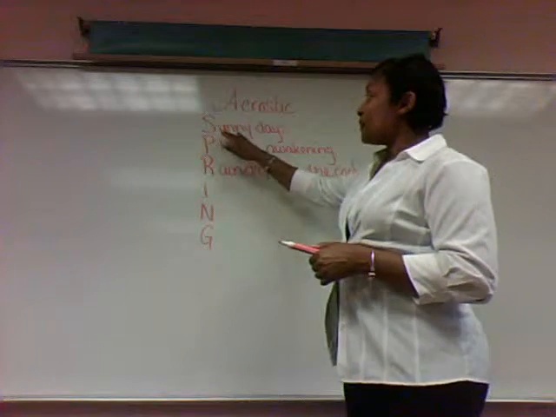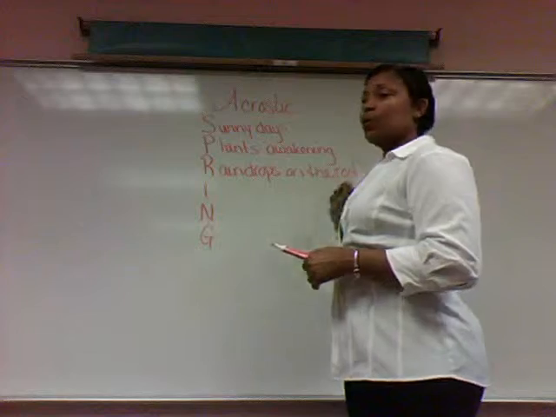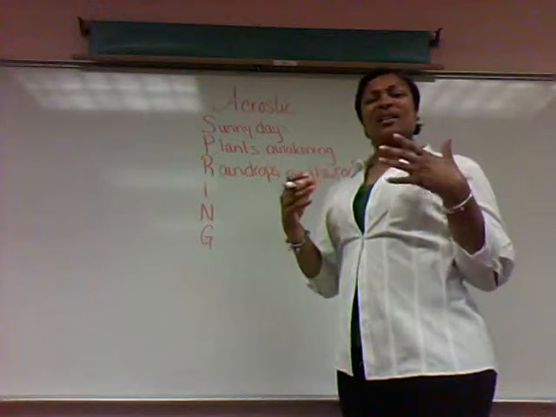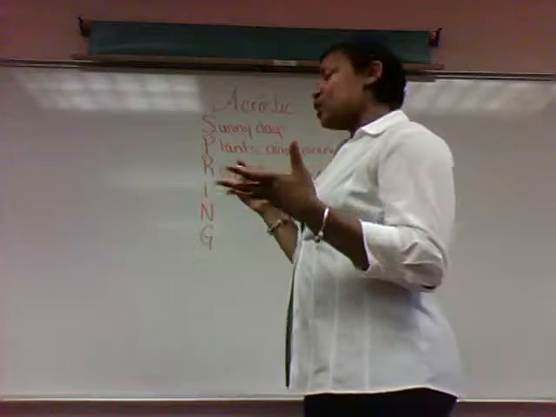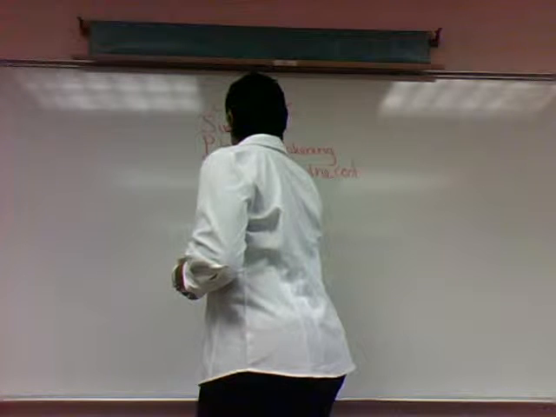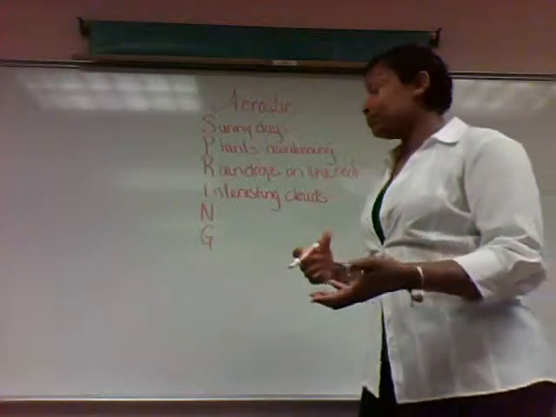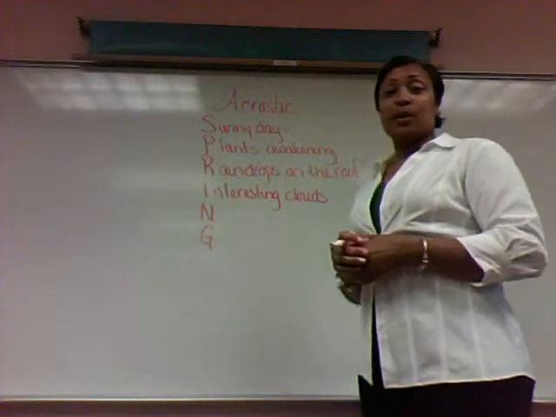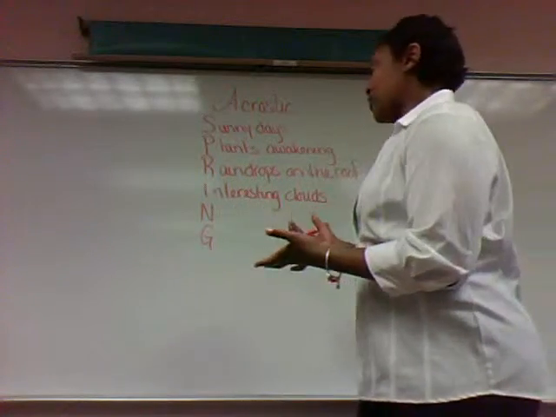All right. So we have sunny days, plants awakening, raindrops on the roof, interesting clouds, because clouds kind of look funny in the spring to me. They have all different kinds of shapes, so they're interesting clouds. And we have some new flowers popping up.